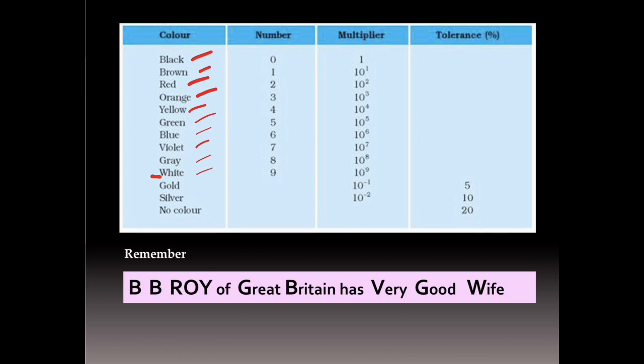But what about the rest? We add here wearing gold, silver, necklace. G is for gold, S for silver, and for no color we have necklace. So to remember the whole table: B.B. Roy of Great Britain has very good wife wearing gold silver necklace.